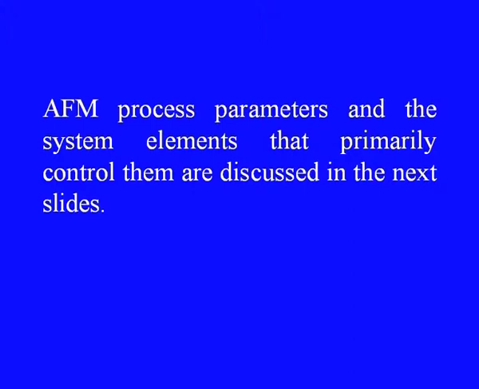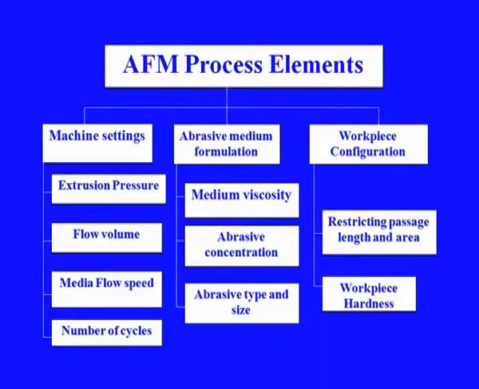Now, let us see the process parameters and the system elements that control the process performance. The different process parameters or process elements are on the screen now. These are broadly classified into three categories. One is machine based parameters, depending on the machine settings.